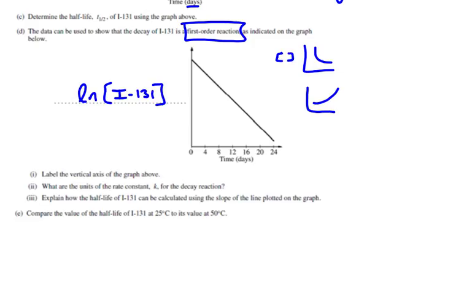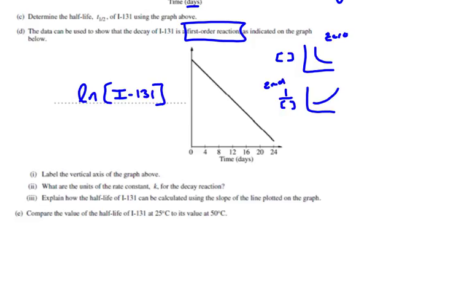Because what is this signifying? This graph would be a 0 order, but it's not 0 order because it's not a straight line, right? But it's still a negative slope. This one is going positive, but it's not straight, so this graph would be 1 over. So it's showing second order, but it's not. So you're like, well, I don't get it.